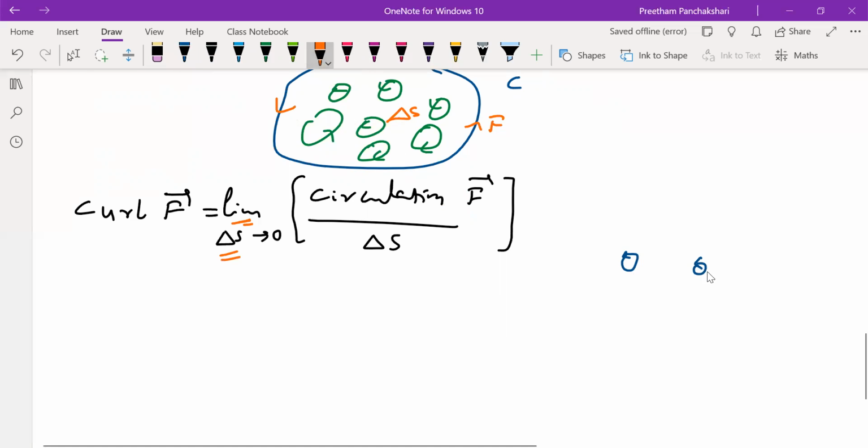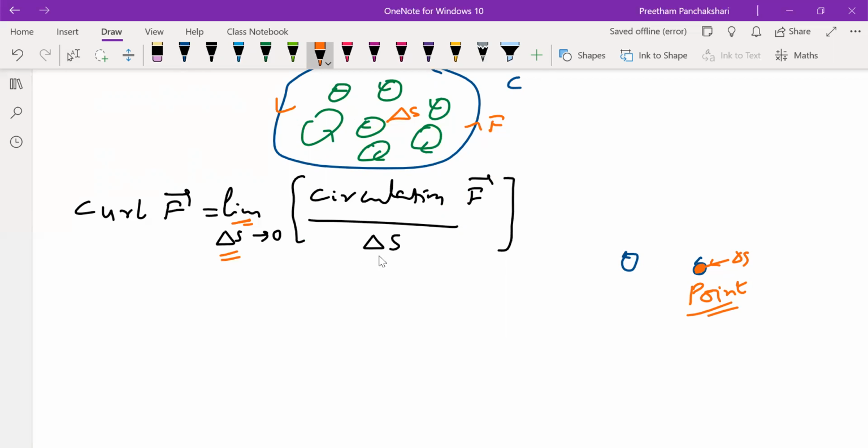Now the area shrinks to a very small value, then it can be treated as a point. So this delta S area can now be addressed as a point. That means the circulation of force around delta S becomes circulation of F around a point, otherwise circulation at a point.